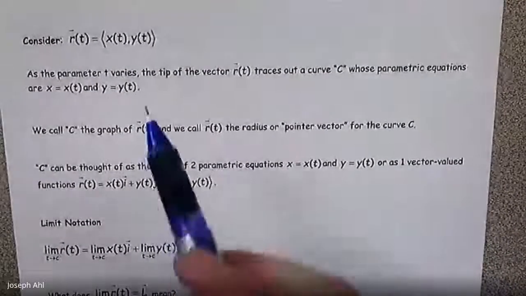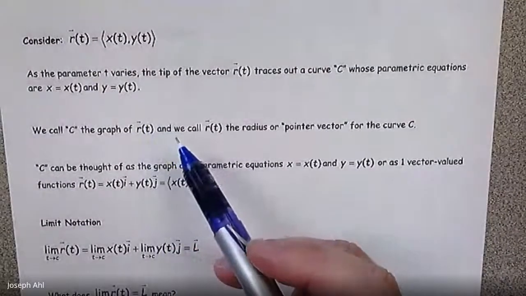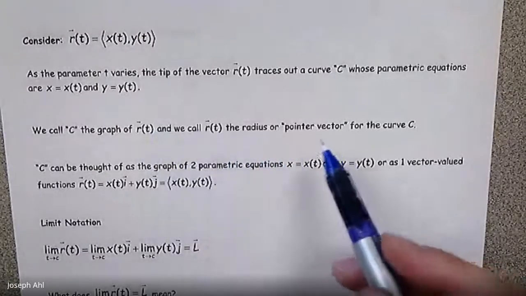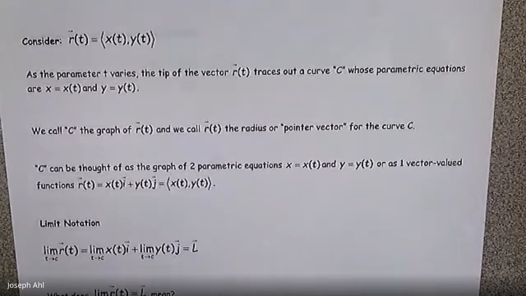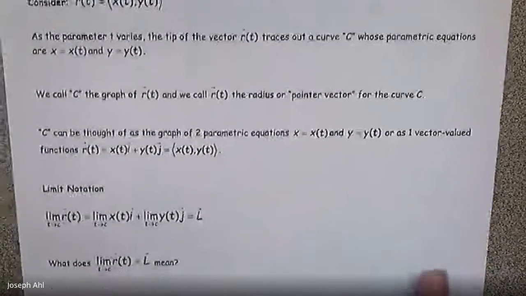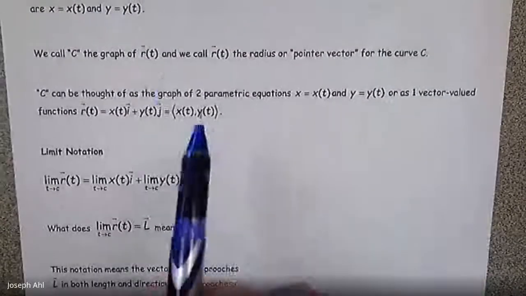So we call C the graph of r of t, and we call r of t the radius or pointer vector. I'm not sure how important those two words are for the following unit, but in case it comes up in context, the radius or pointer vector for the curve is defined by r of t.